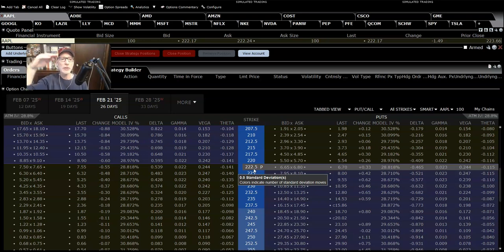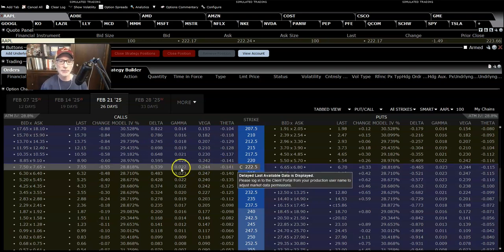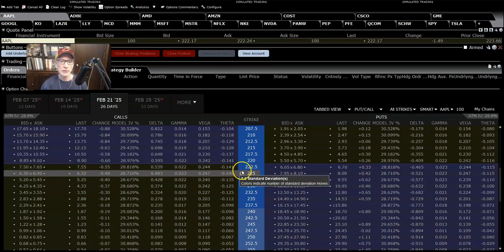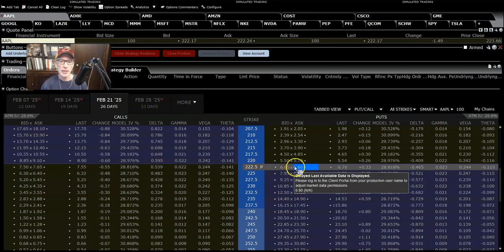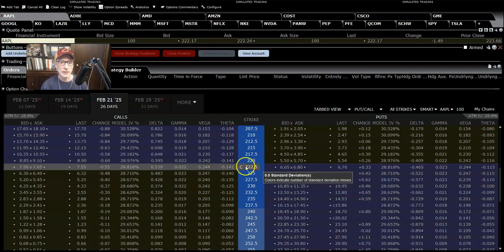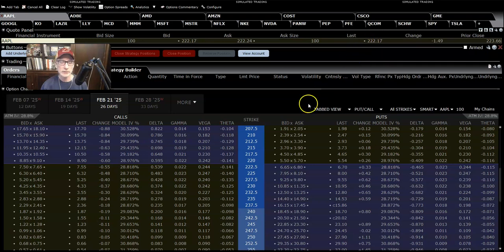The higher the delta, the more correlation it has with the stock movement. So at the money options typically have close to a 50 delta. The calls have a 53.9 delta, and the puts have a 46.5 delta, in this specific case, with Apple being where it is.